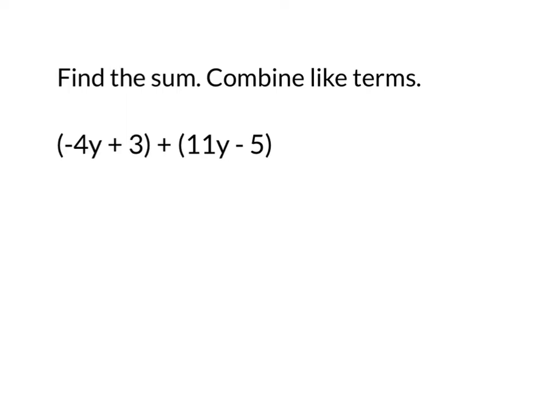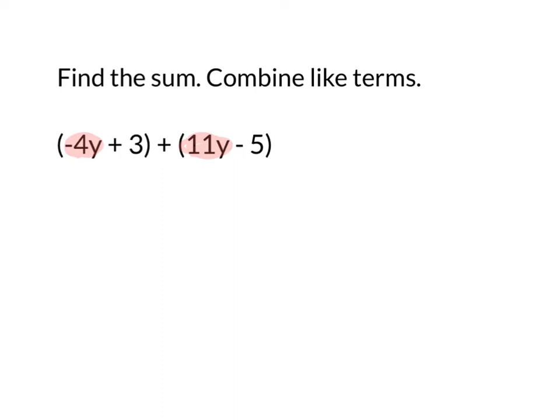Making columns to line up the like terms is not the only way to find a sum and combine the like terms. Let me show you another way to add expressions using the commutative property. So first we need to identify those like terms. So I'm going to highlight this negative 4y and the 11y.